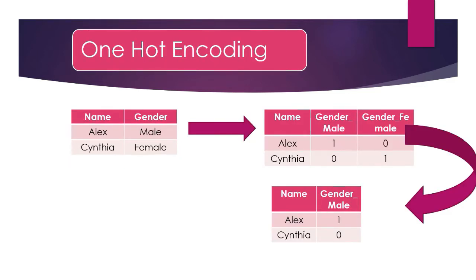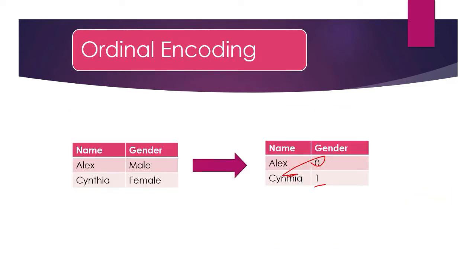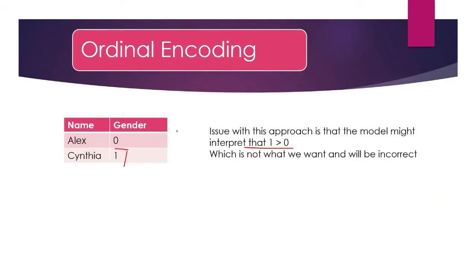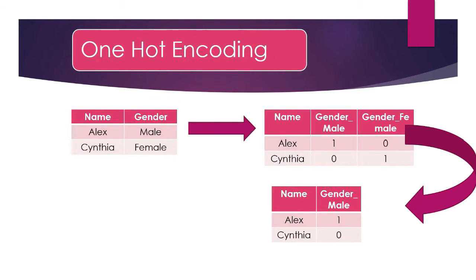So what do we do in one hot encoding? We have the same data table. We have Alex and Cynthia, male and female. What does one hot mean? One hot means that at any given moment, only one of the categories will be active. Let me just show you and it will make sense. Rather than providing this kind of categorization with 0 and 1, we have created two new columns.